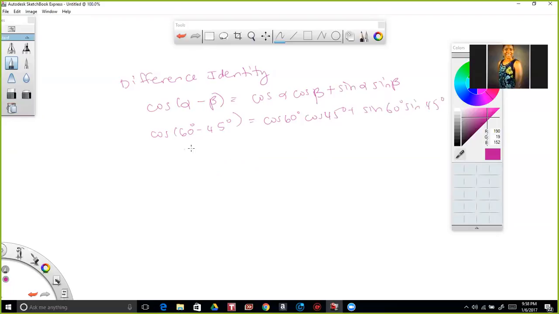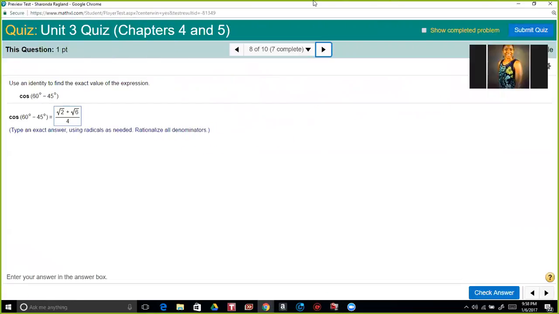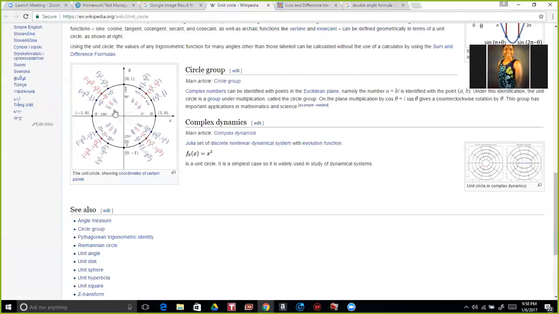So let's use your unit circle, okay? Let's go to the unit circle. Right here. Remember that the cosine is the x coordinate and the sine is the y coordinate.